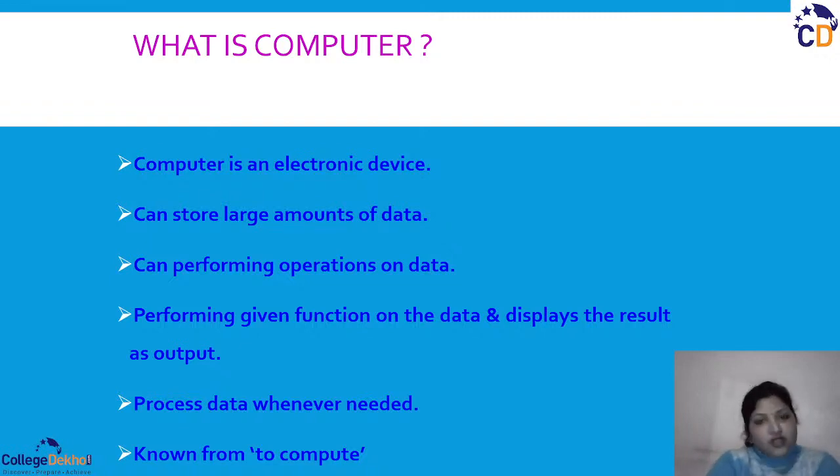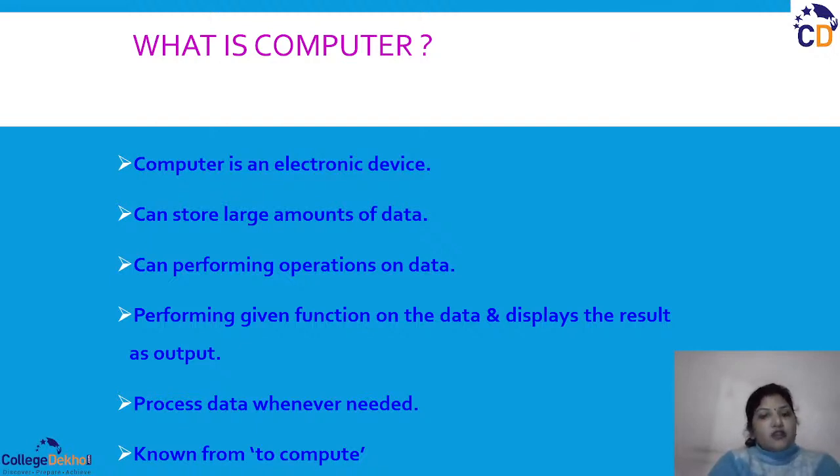So where to save this information? That is on computer itself, right? Then we have, it can perform operations on data. I told you about this thing. If you want to manipulate data, if you want to manipulate information, you need to have something through which you are going to do so, right?